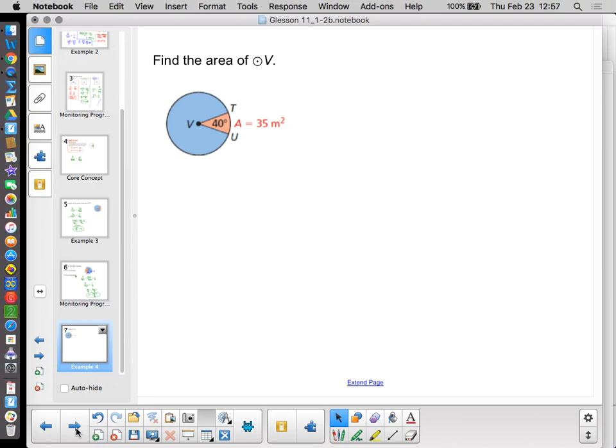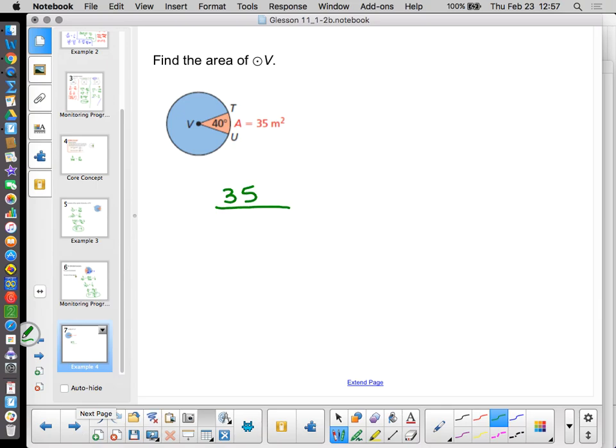Finally, this formula can be worked backwards also. If I know the area of the sector, I can work backwards to find the area of the entire circle. So the area of the sector is 35. Notice it's not in terms of pi, so we will decimalize. Over the area of the circle equals 40 over 360.